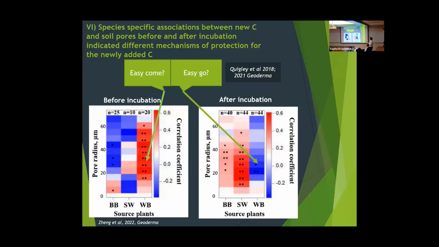Red means positive, so we see these positive correlations, but after incubation they change to negative. It seems that all the carbon deposited by wild bergamot in those pores got eaten and lost. But with the two grasses, big bluestem and switchgrass, it's exactly the opposite.